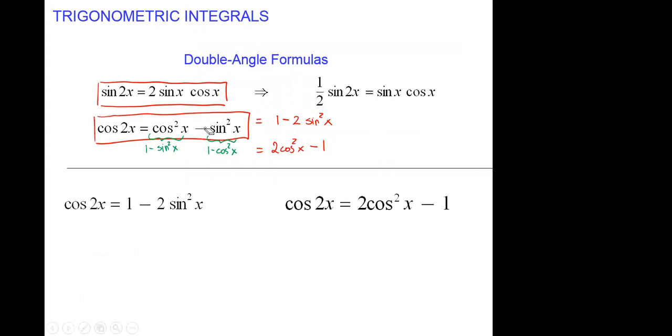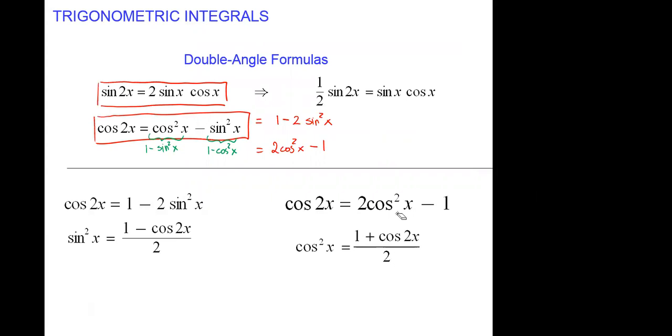Also, I may take the double angle formula for cosine in terms of sine and in terms of cosine, and solve these two equations for sine square of x and cosine square of x, respectively. Subtracting 1 and dividing by 2, and of course changing the sign, and for this one, adding 1 to both sides and dividing by 2.